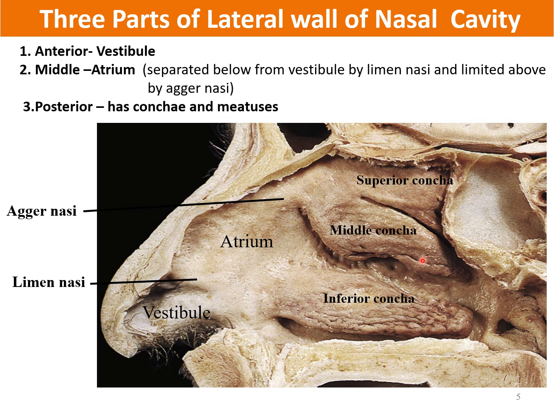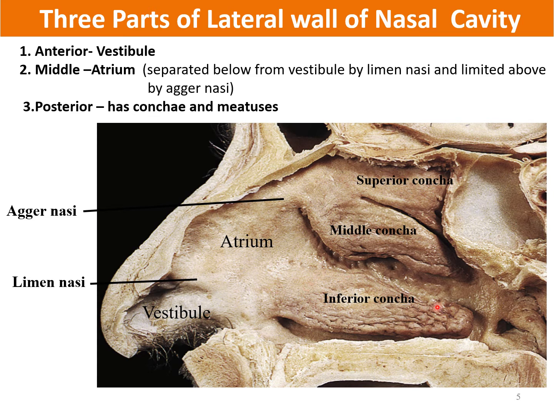The posterior part of the lateral wall of nasal cavity has got these three shelf-like projections, and these are known as conchae. So these three conchae from above downwards, they are superior concha, middle concha and inferior concha.